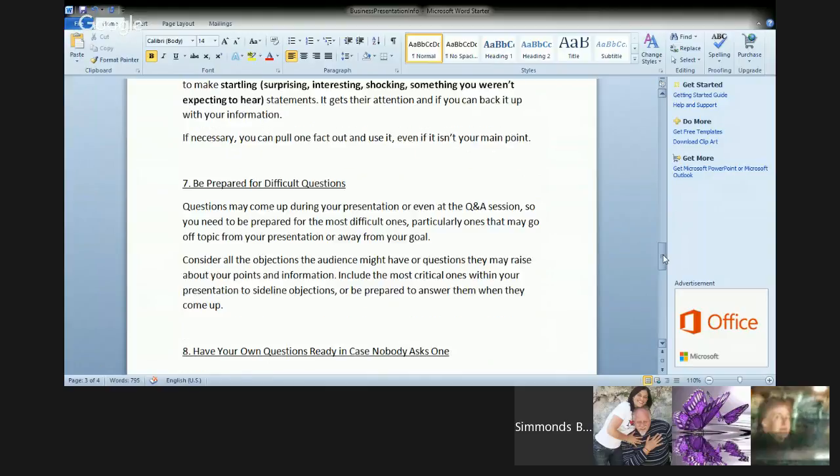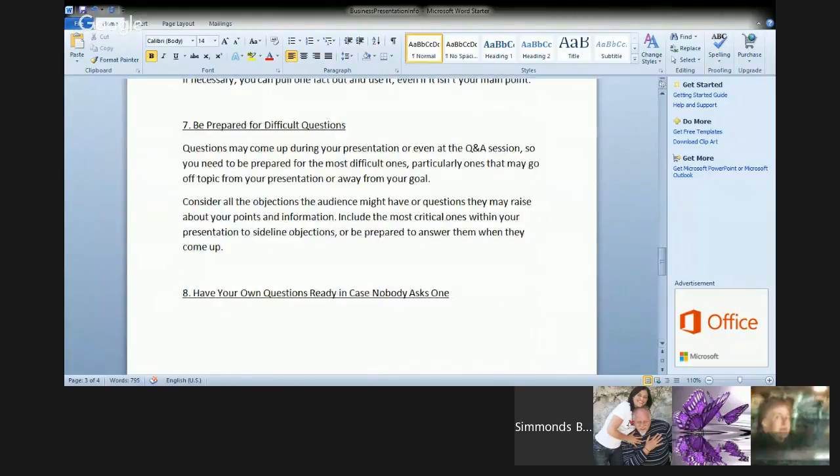Be prepared for difficult questions. Questions may come up during your presentation or even at the Q&A session. So you need to be prepared for the most difficult ones, particularly ones that may go off topic from your presentation or away from your goal.